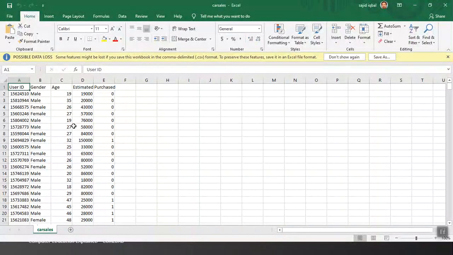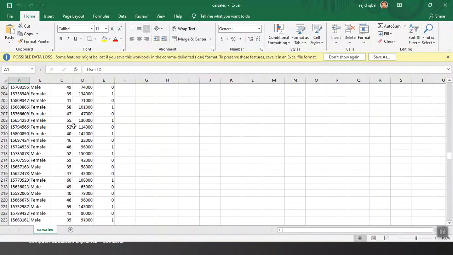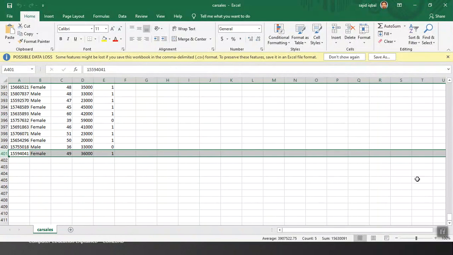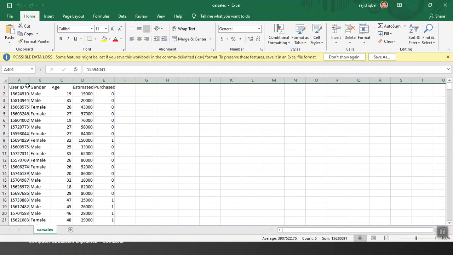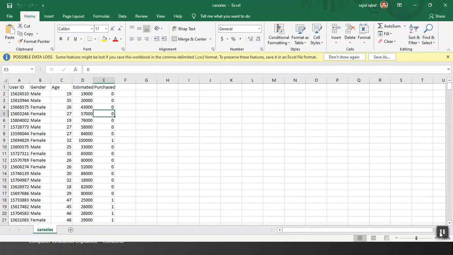And here is the data set given in the form of a CSV file, and you can see that it contains in total 401 rows, where the first one is the titles of the columns. So there are in total 400 instances.